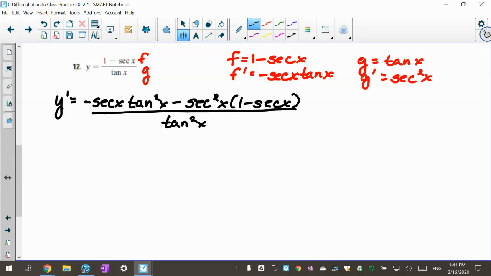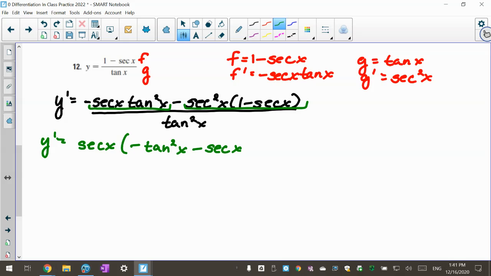Now I'm just going to work this out. I look at it, I have a term here and a term here. And I can see right here I have a secant x, and here I can take out a secant x. So now I have y prime. If I take a secant x out, I have a negative tan squared x minus secant x, because I'm going to divide out one of the secants x times 1 minus secant x.